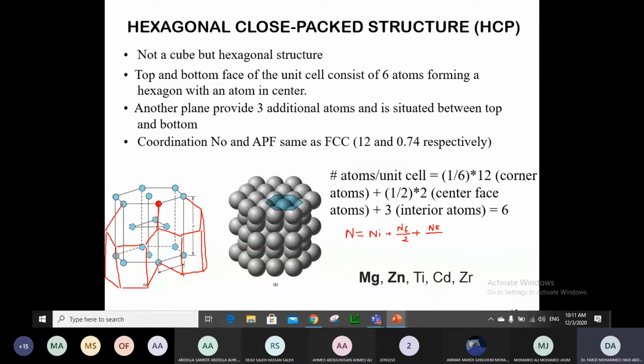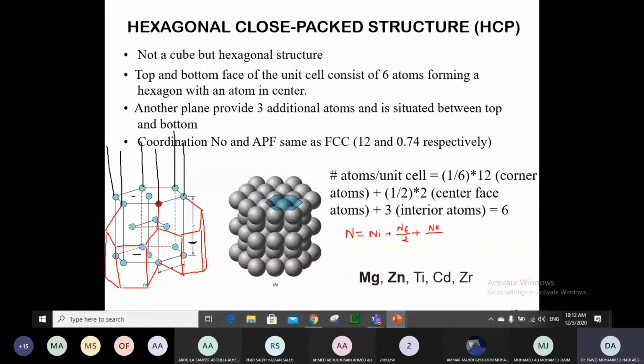The lower part of the atom is being shared by this unit cell and this unit cell and that unit cell. But the upper part of the atom also is being shared by the unit cells which are at the top. There are other unit cells there.